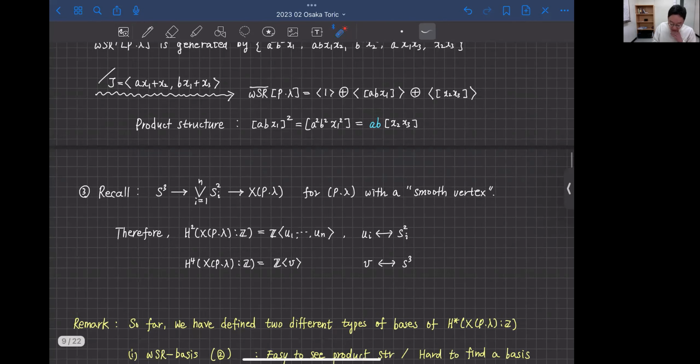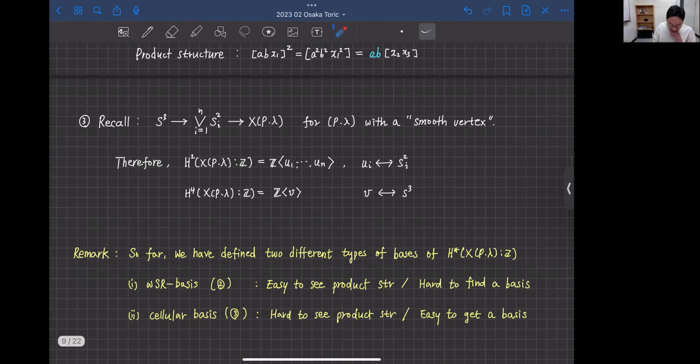So let me summarize the situation so far. We have defined two different types of bases for the same cohomology ring. One is the WSR basis, and the other one is the cellular basis. Each of these two bases has an advantage and disadvantage.